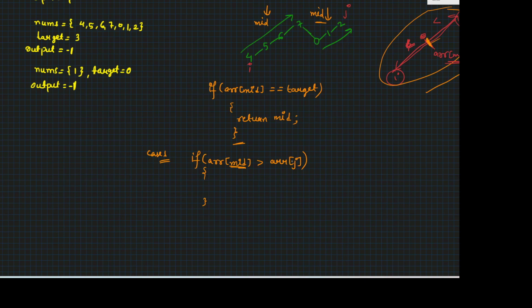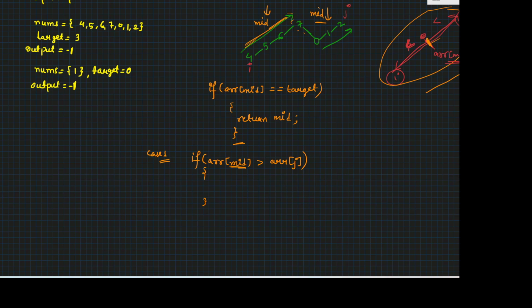If it is, then it means that it is lying in this region. In this region, you can check these elements will be greater than these elements. See, these are 7, 6, 5, 4. They are all greater than 0, 1, 2. So it is for sure that mid is lying in this region.